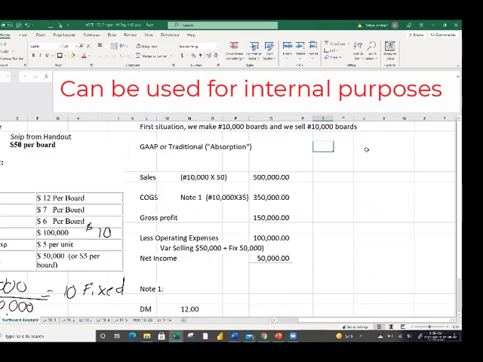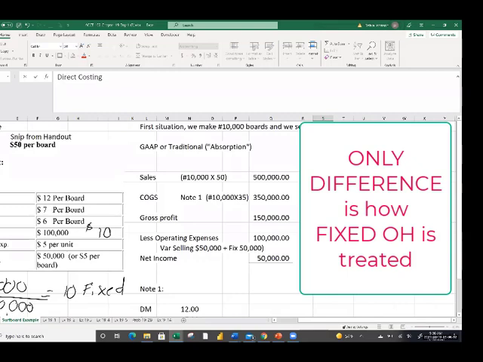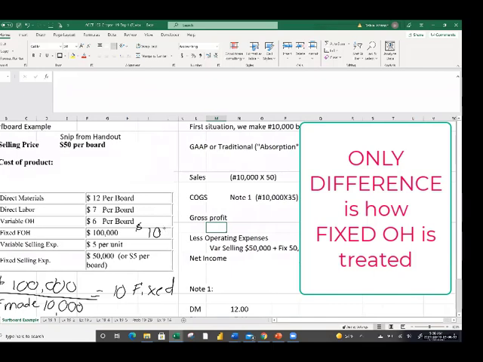If not, why not? We'll do more of that next time. So this is direct costing. The difference in direct costing is one thing: how the fixed overhead is treated. That's why I really want you guys to focus on any problem. I would start off by circling the fixed overhead.